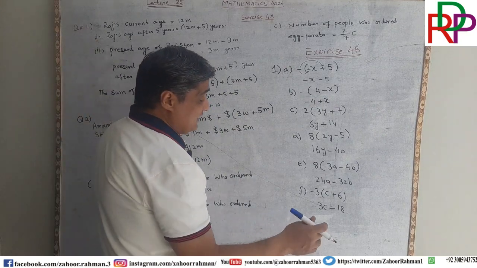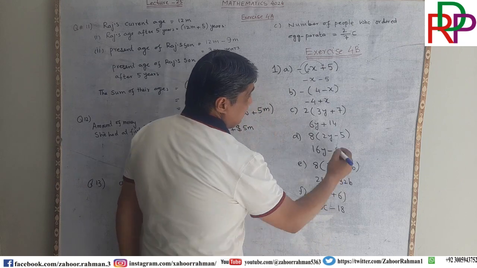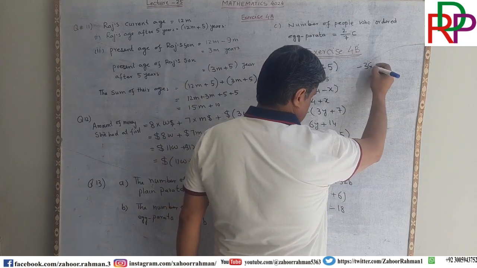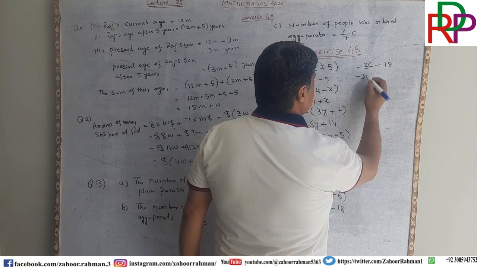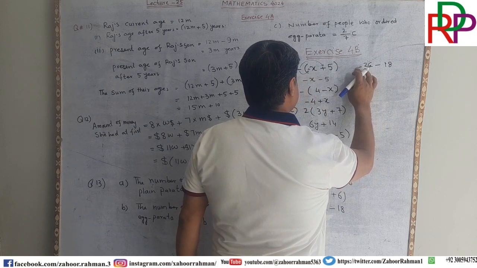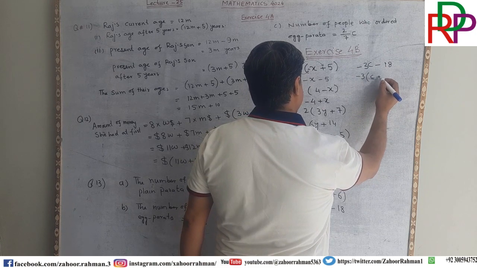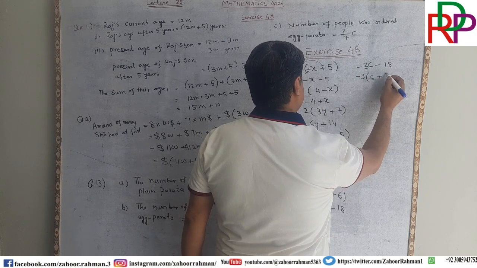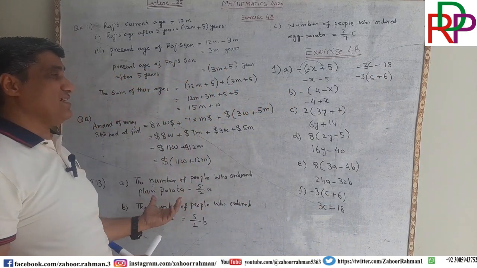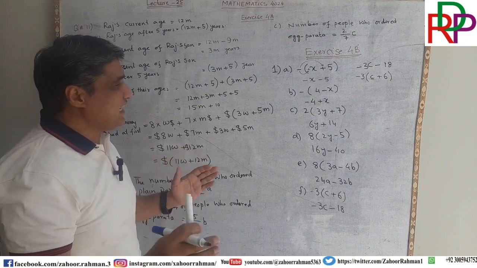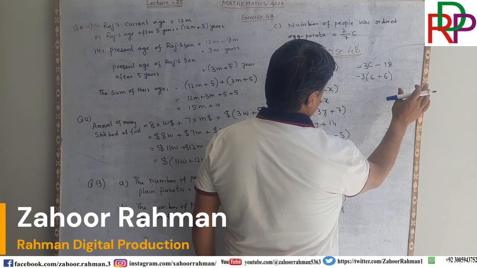So we will learn that if negative is taken as a common factor, for example in this minus 3 minus 18, it will change the sign, this minus to positive and this negative to positive. So when you are taking negative as a common factor, the sign of each term in an expression will change.